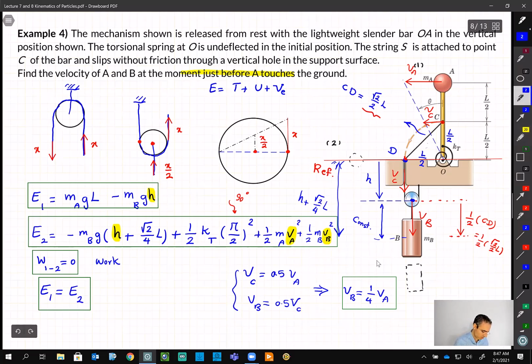So I'm going to write also down here. So we need this information. We need to know mass A, mass B, and L, and also KT.